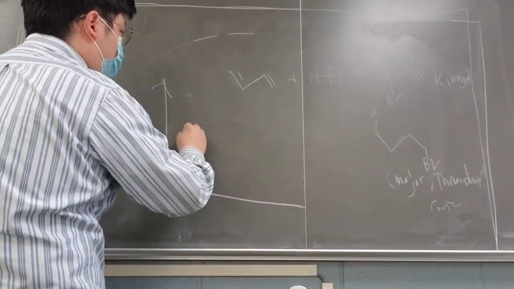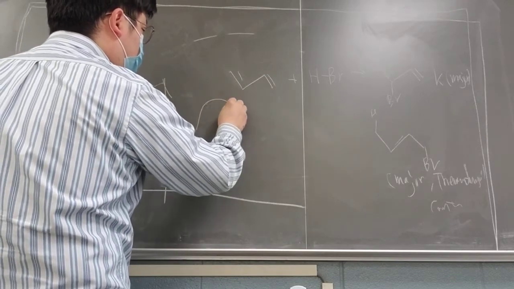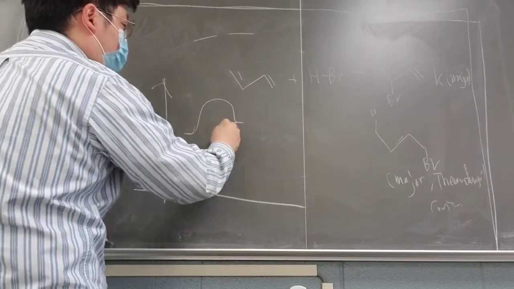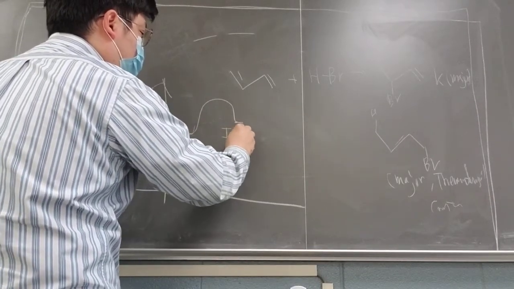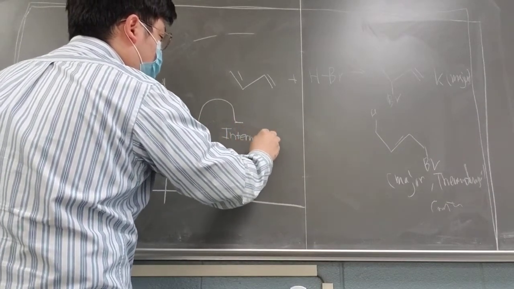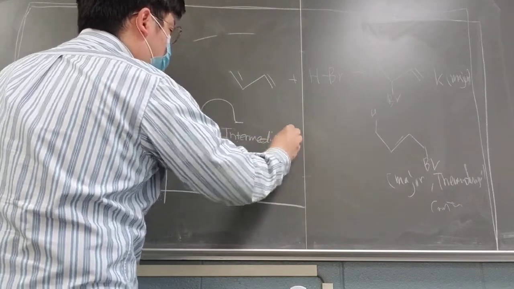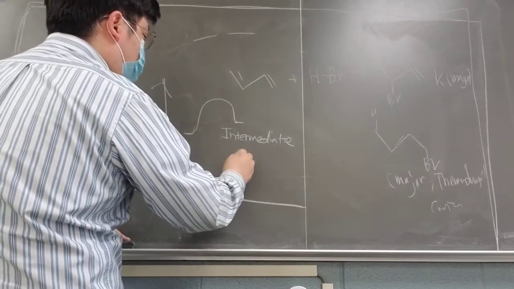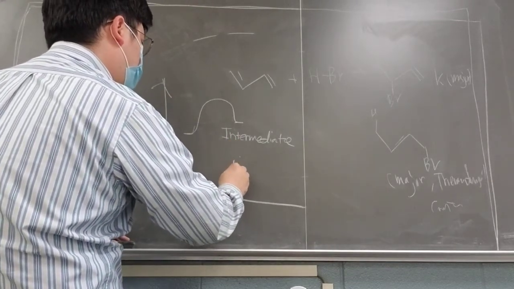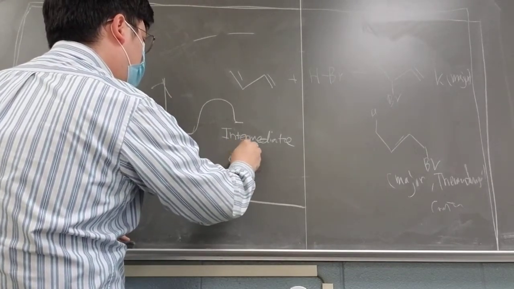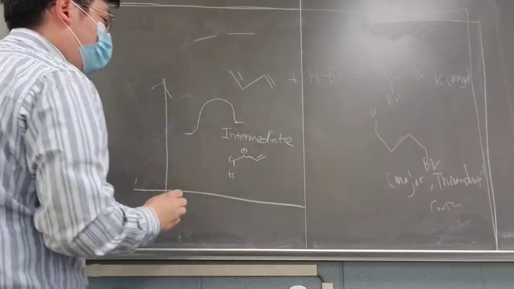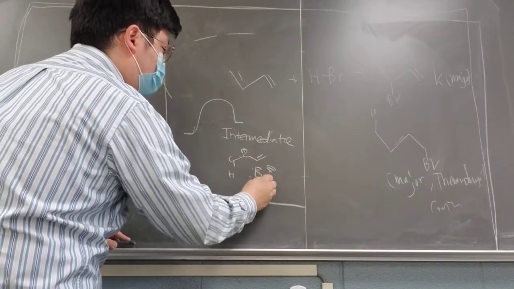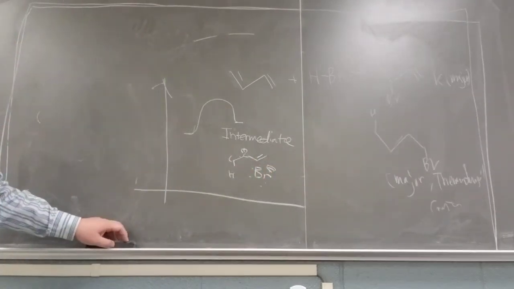So when they do over there, okay, they're actually going to experience the reaction intermediate. This is where you're going to have your carbocation. Okay? So carbocation, where you have a carbon with a positive charge and a double bond here, and you have a bromine with a negative charge available for the second step here.